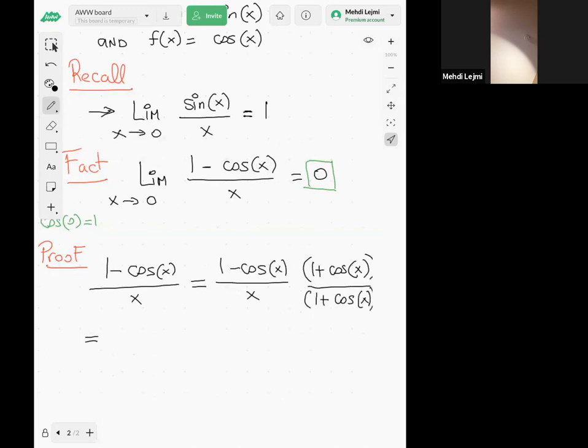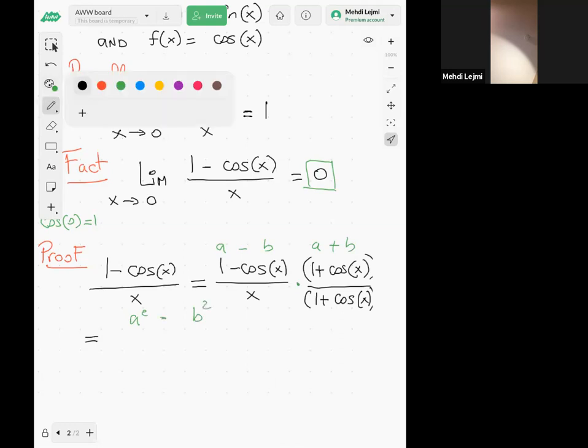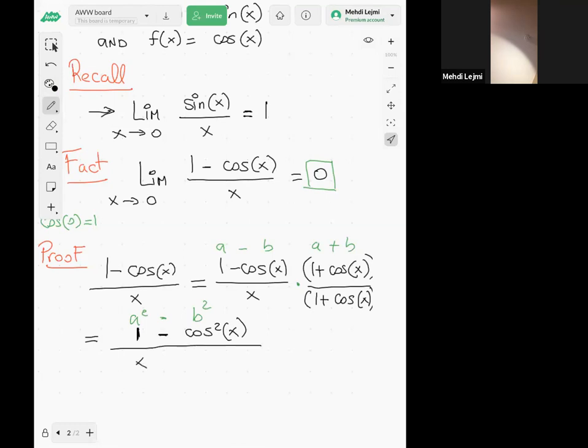And so remember, guys, we have a minus b times a plus b, which we said is a squared minus b squared. So it's 1 squared, which is 1, minus b squared, which is cosine squared of x, over x times 1 plus cosine of x.